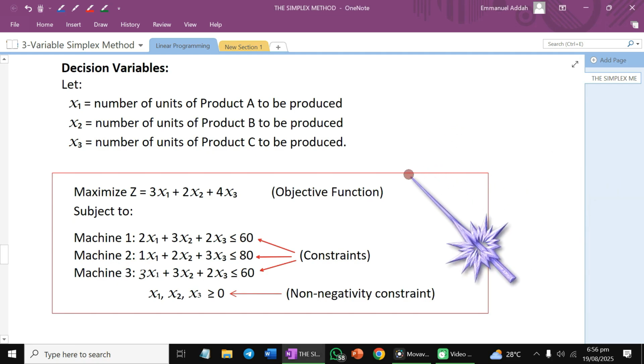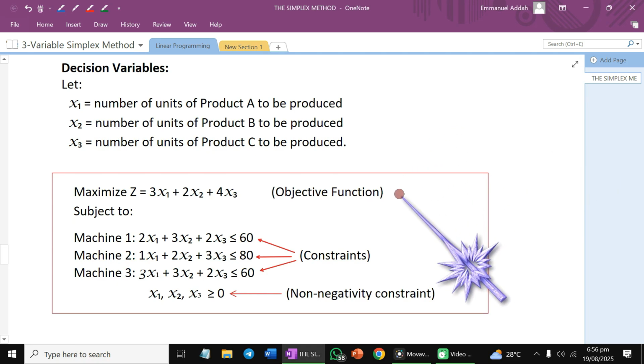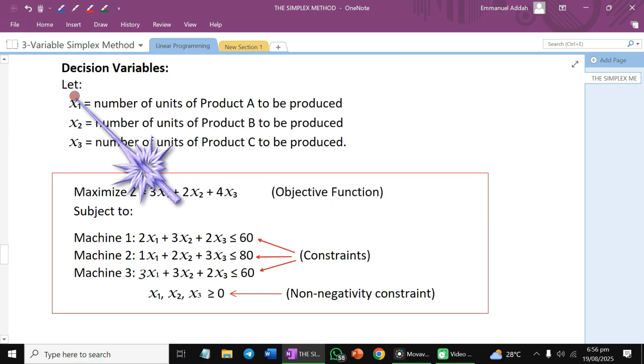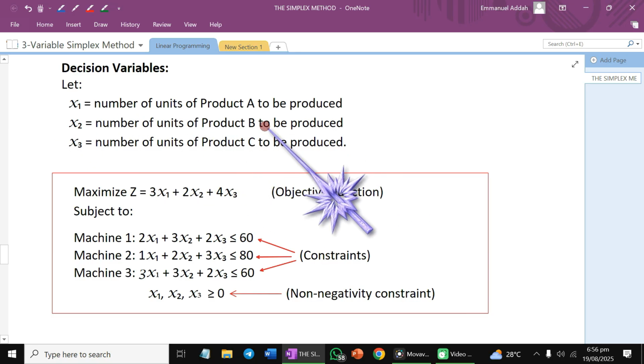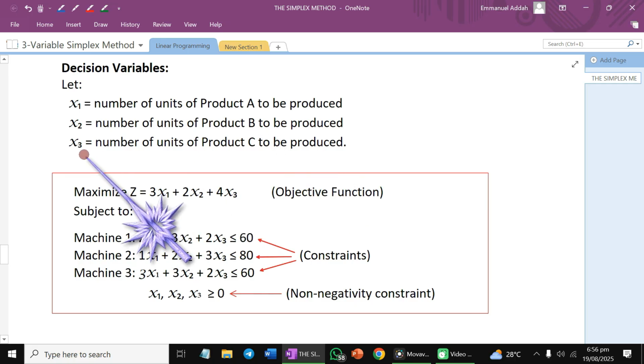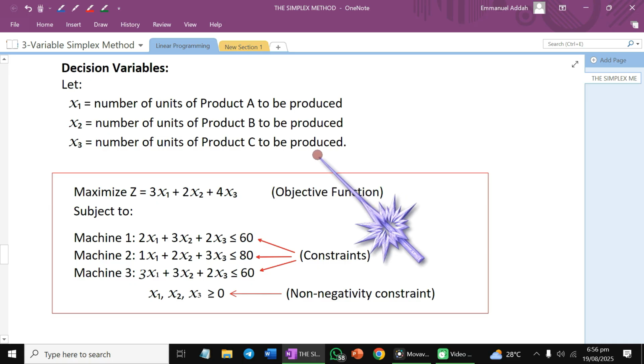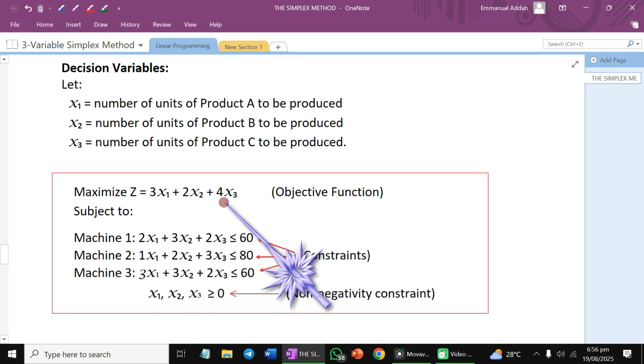Now here is the formulation of the problem proper. Decision variables: let x1 equal the number of units of product A to be produced, let x2 be product B, and x3 be product C to be produced. Now this is the objective function. It's a maximization problem.